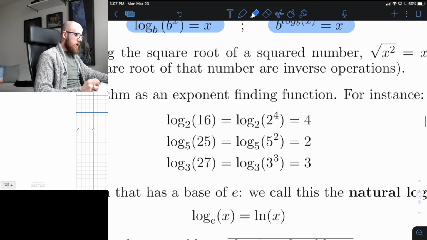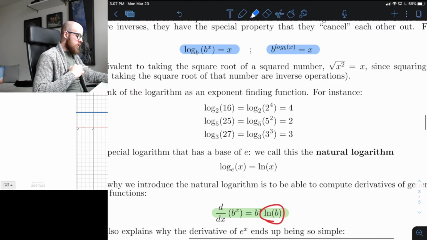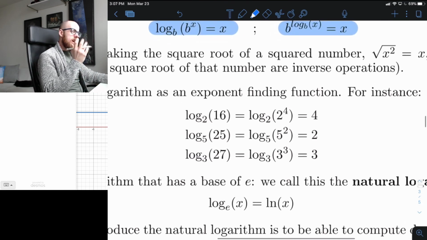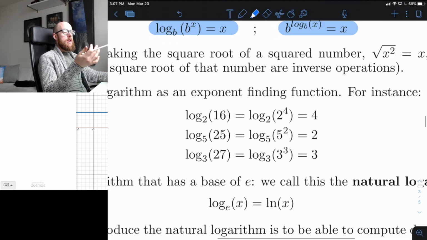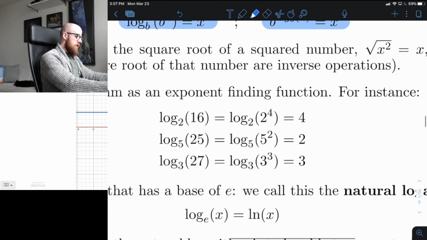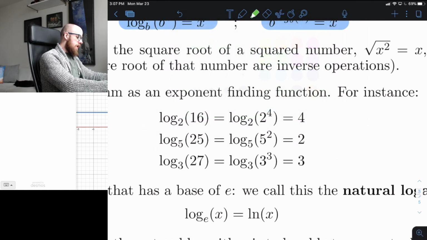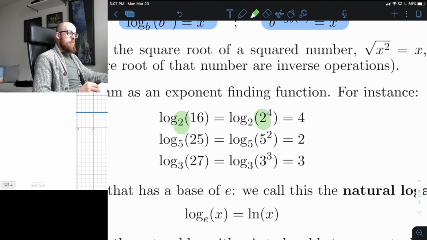I did some quick examples here. I think on the Friday right before break, I called the logarithm an exponent finding function. Whatever our base is, in this case the base is 2, if I turn whatever is inside the logarithm to have that same base, the answer this operation spits out is just the exponent.